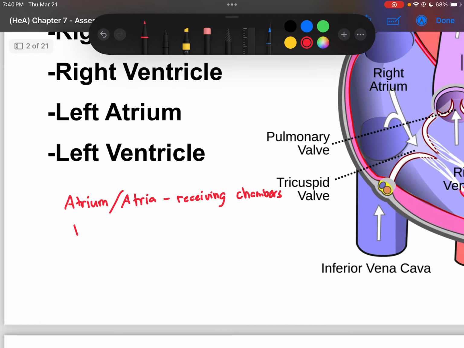Our ventricles, in the meantime, are what we call our pumping chambers.